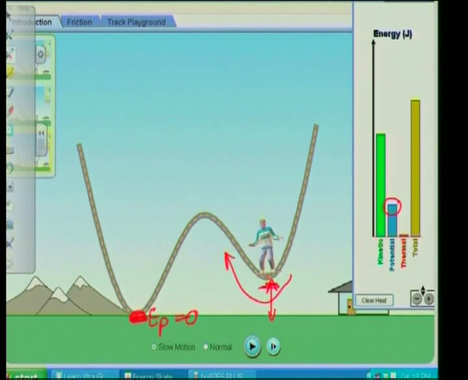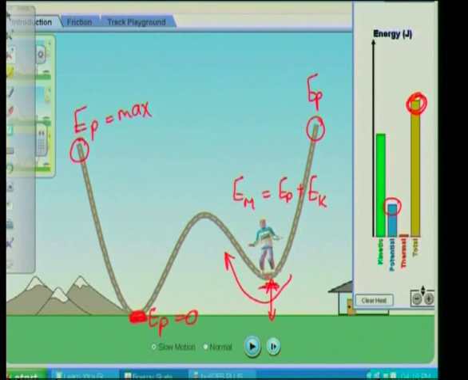That means if I look at the total mechanical energy, it's potential plus kinetic, both added together. This total hasn't changed the whole way through. His potential and kinetic keep changing, and at this point and that point, the potential will be at a maximum, because the skateboarder has got to its top level.